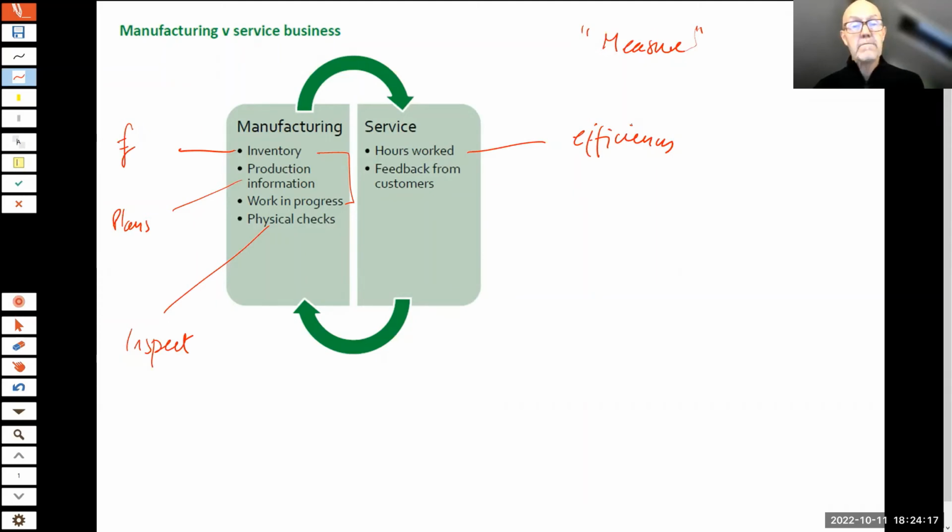How many people does it take to staff a hotel restaurant? And of course, the big measure, our quality check with service is our customers. Whereas with manufacturing, we will do checks ourselves. With service, we rely a lot more on what the customers say.